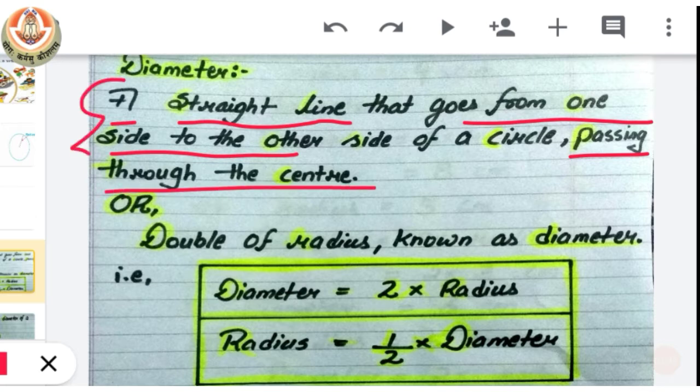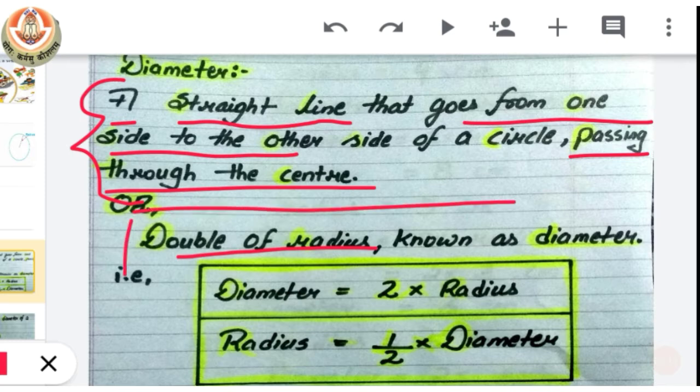This is the same thing which we have learned in just the previous few seconds. Now we can also say that diameter is double of radius. So yes, double of a radius is known as diameter.